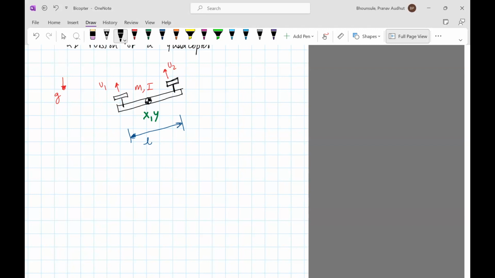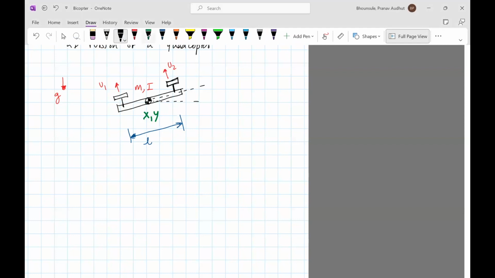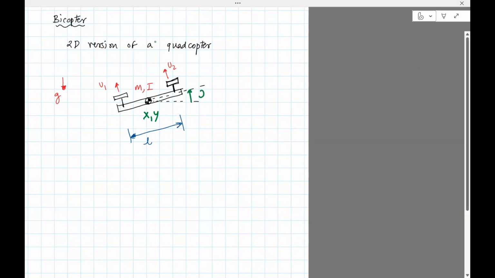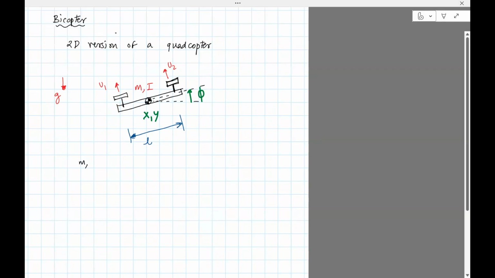And then we need one more variable before we can think about modeling this. There's an angle which the base makes, or the bicopter makes, with the horizontal. Let's say it's phi.